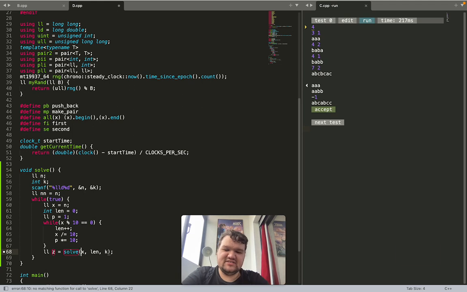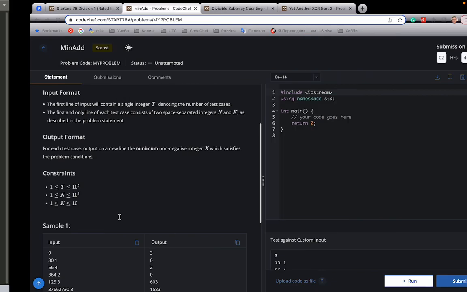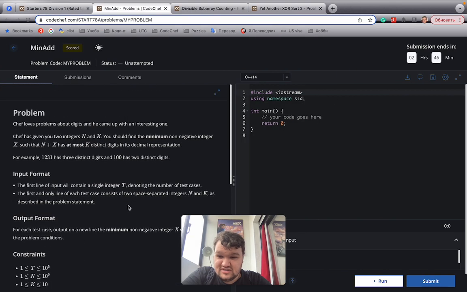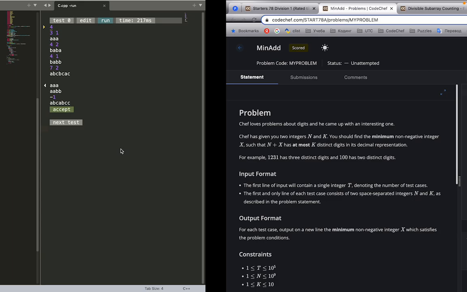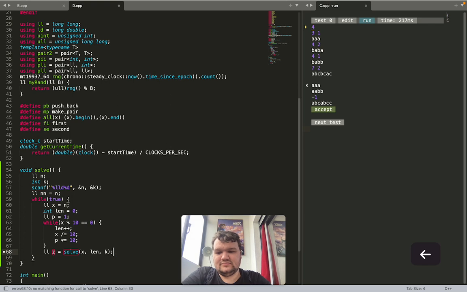The prefix is x, then there is a suffix of length len, which can be anything, and I want no more than k distinct digits. No more than k, right? Not exactly k, at most k. Exactly k wouldn't be much harder, but whatever.